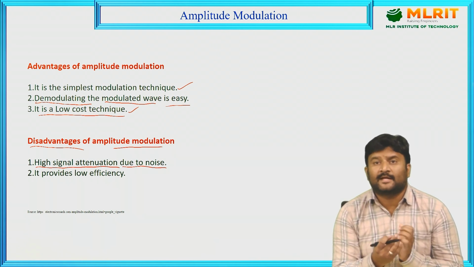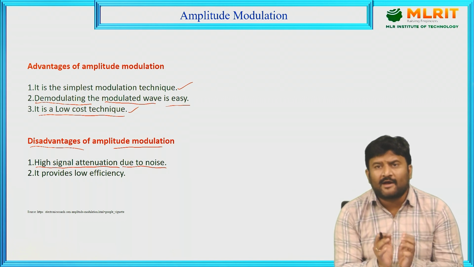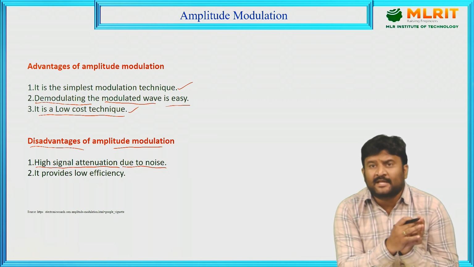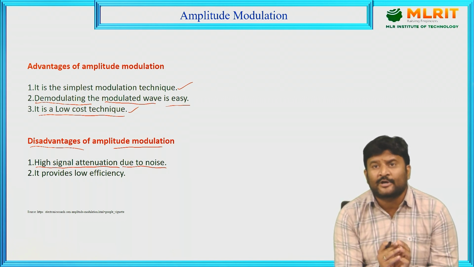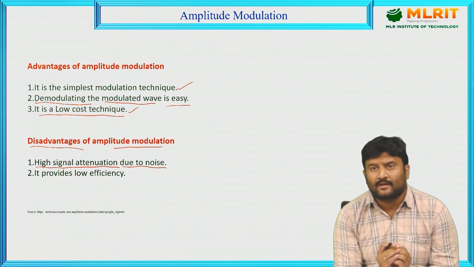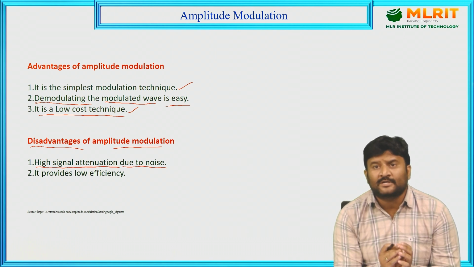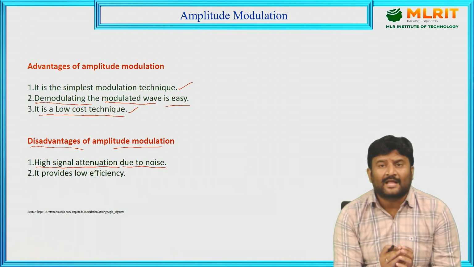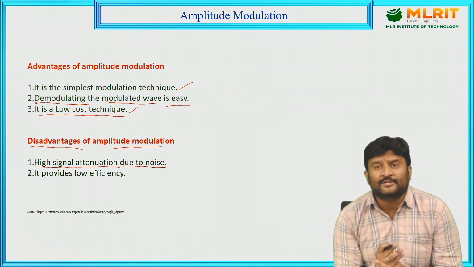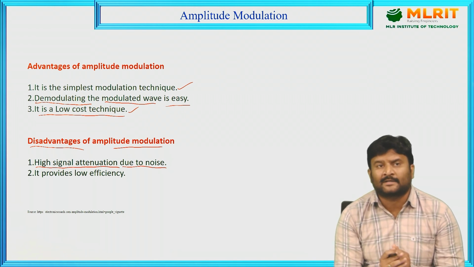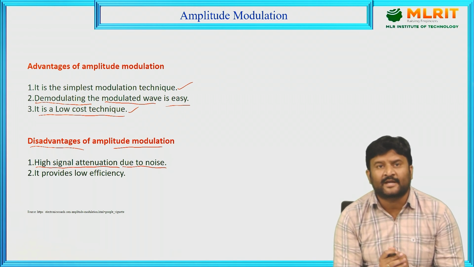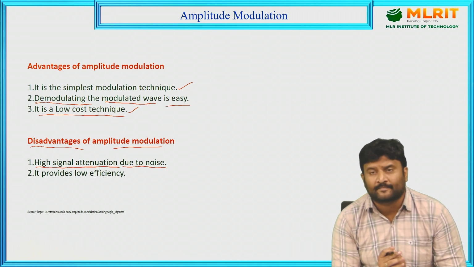That's why noise is easily added to the original signal, which is called an attenuated signal. Therefore, in the AM modulation scheme, we are observing high signal attenuation. This is one of the main disadvantages in amplitude modulation.